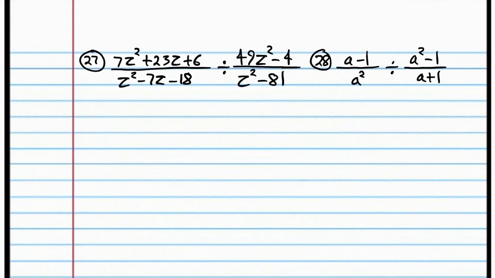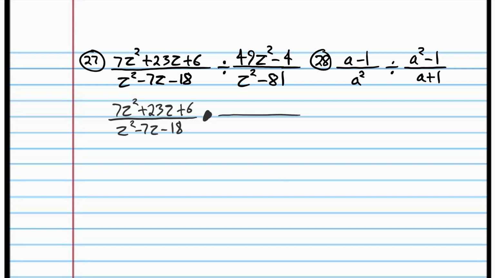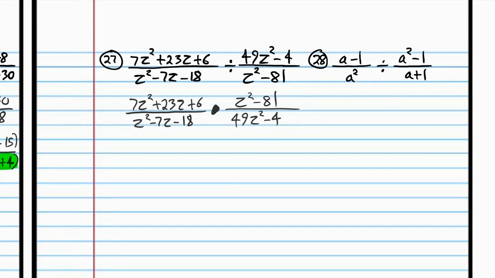Try number 27, and remember, there's a coefficient on this quadratic, so it's going to complicate things. And when you come back, we'll do it together. All right, we're back. All right, so now we're ready to factor.